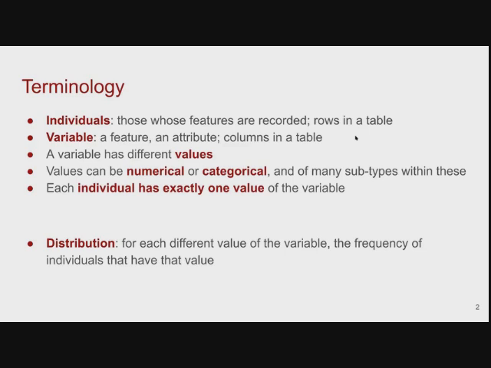This is the top-level distinction. Numerical, like year, or age, or the total gross, are all numerical. Categorical means that they're just categories, like ice cream flavor, for example. That's a categorical variable.